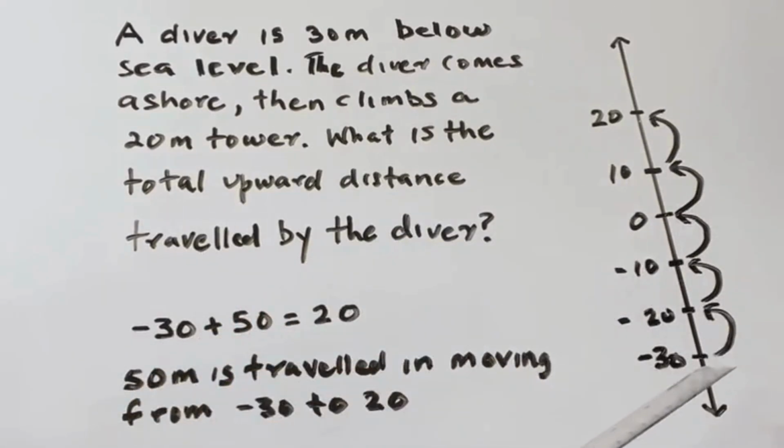So in leaving from 30 meters below sea level up to a 20-meter height tower, the total distance moved by the diver would be 50 meters, since -30 plus 50 is equal to 20. So we can say that 50 meters is traveled in moving from -30 to 20.